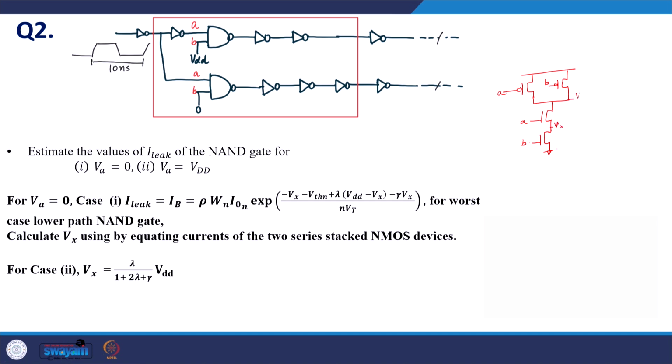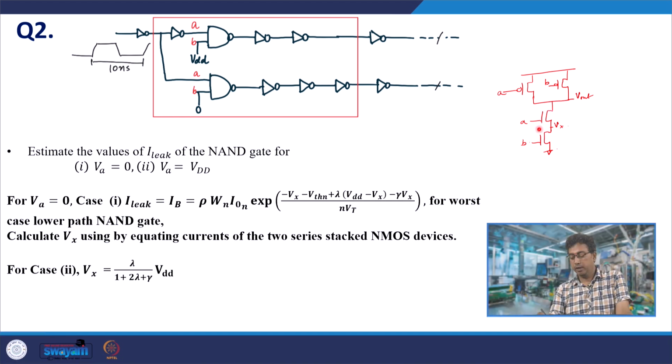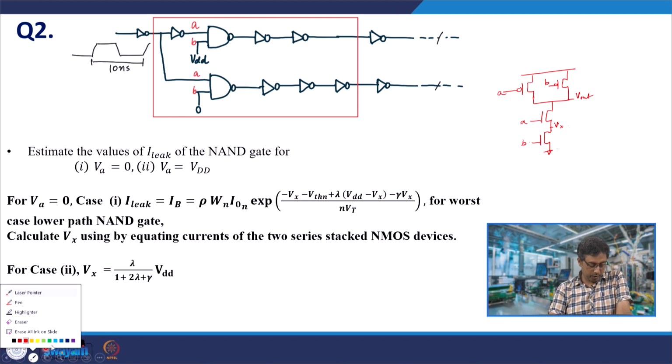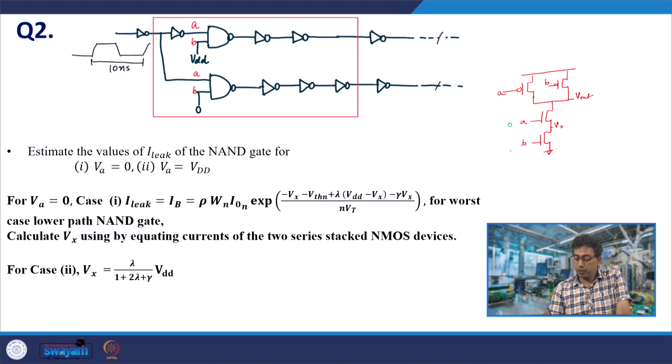When VA is 0, there is some leakage current flowing through the series stack. VB is anyway 0, so V out is VDD. So, there is some leakage current which is flowing. This is 0, this is also 0, this is at VDD, near VDD. Since there is some leakage current flowing, there will be a finite VDS for the lower transistor. So, Vx is greater than 0 in this case.